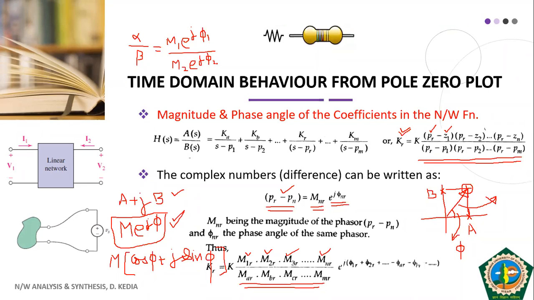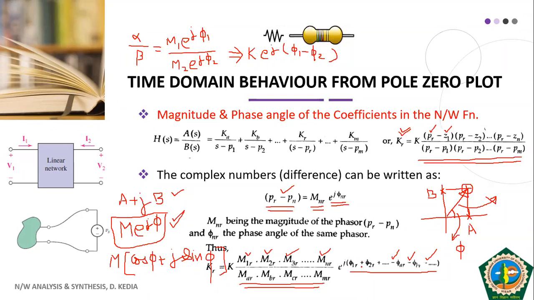If you write it like this, then it can be solved like this: m1 upon m2, which will be some constant, say k, then e raised to power j, and the phases will be subtracted. In the numerator, it will remain as it is, that is j phi 1, and the denominator phase will come like this: phi 1 minus phi 2. So it can further be simplified as k e raised to power j (phi 1 minus phi 2). So same thing has been done here. So first we are summing all the phases of the numerator, and then we are subtracting all the phases of the denominator.